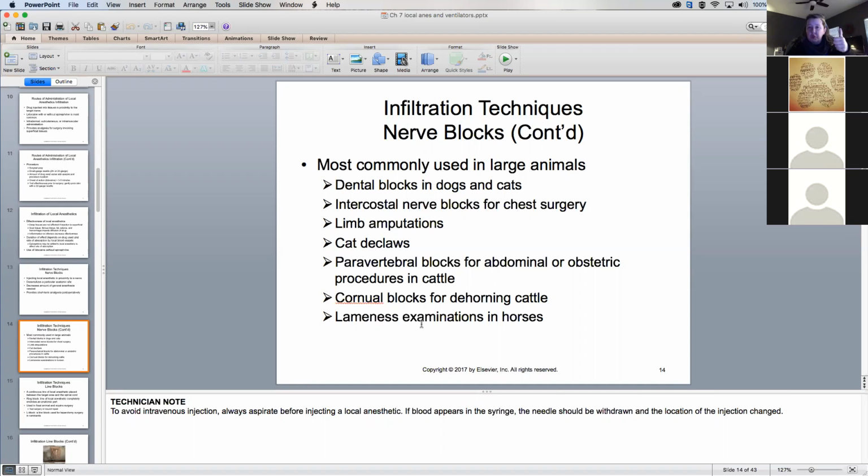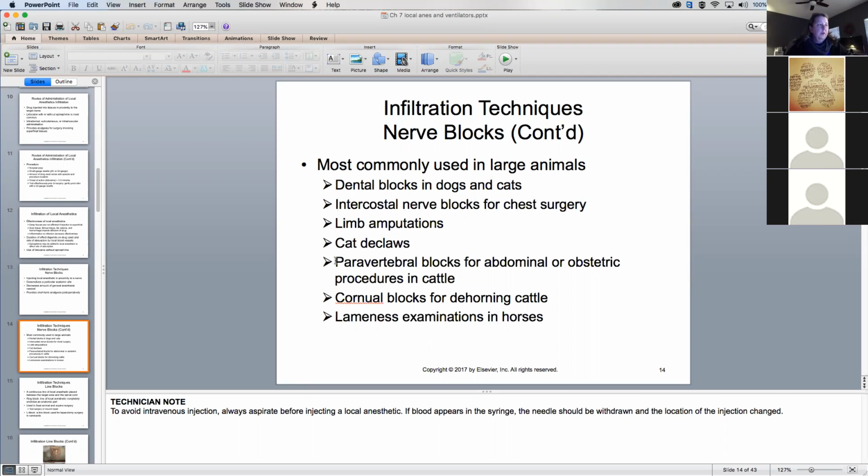Is it a hoof issue? Is it a carpus? Is it the shoulder? Sometimes they've narrowed down the limb, but they still don't quite know where the pain is. If they block a joint and then the horse runs normal, they've taken care of the pain with the joint block, and they've isolated it, and then maybe you need to do x-ray. It's not that it cures the problem, but it defines where the problem is.